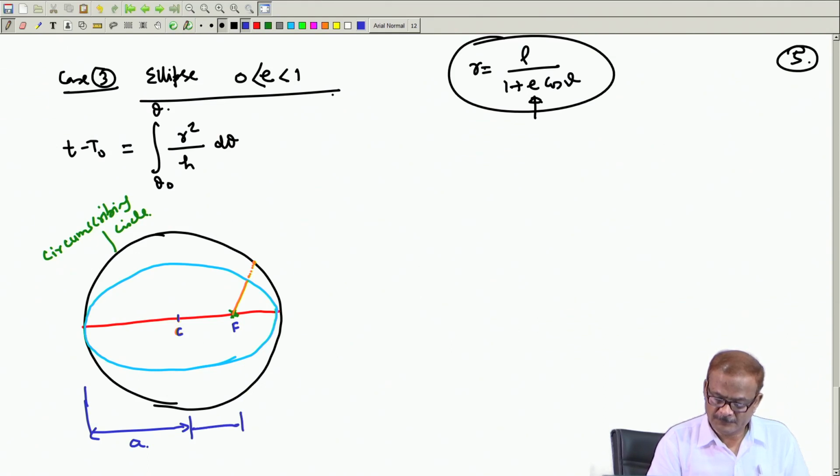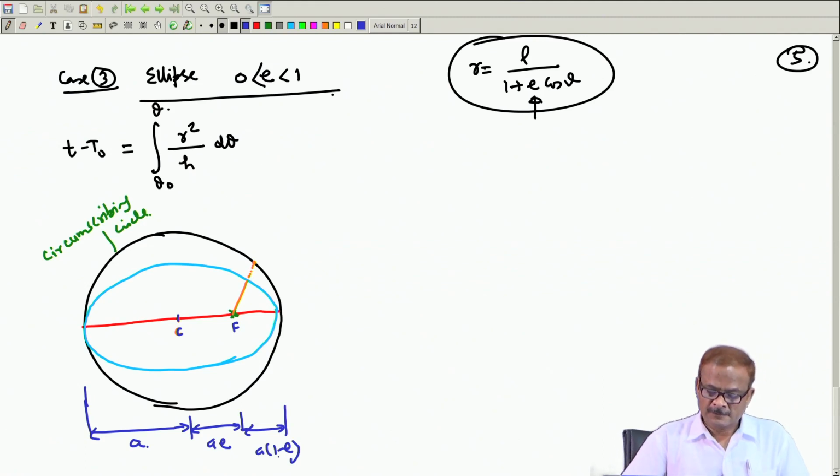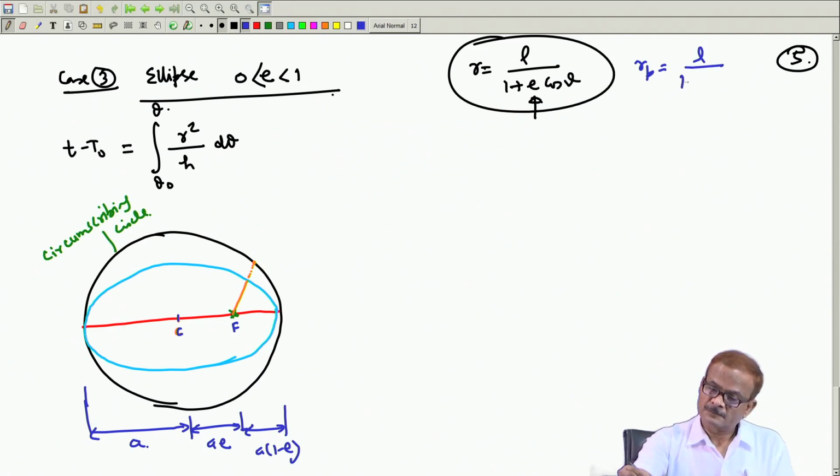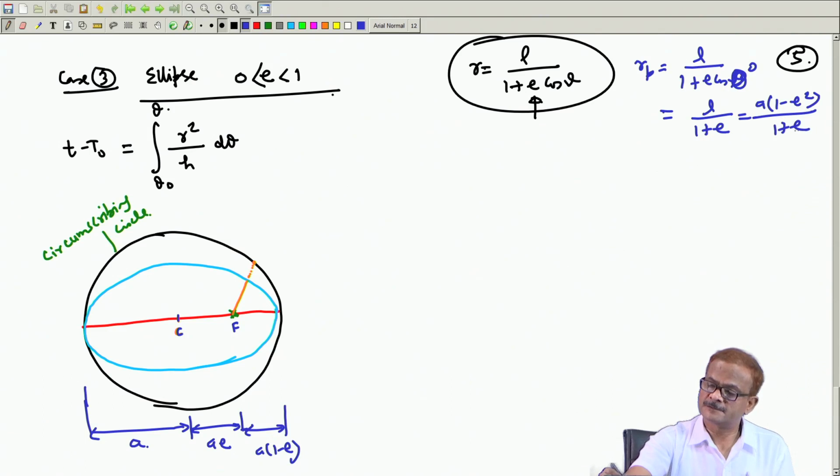The quantity from here to here, as per our conic section discussion, is A e, and this quantity from here to here is A times 1 minus e, because that is the way we write R p equal to L by 1 plus e cos theta, and for R p the theta becomes equal to 0. So this is L by 1 plus e, and L is nothing but A times 1 minus e square. So, this divided by 1 plus e gets reduced to A times 1 minus e.